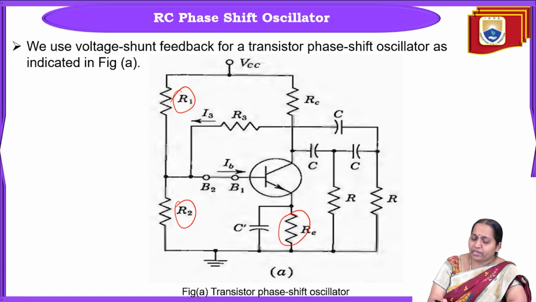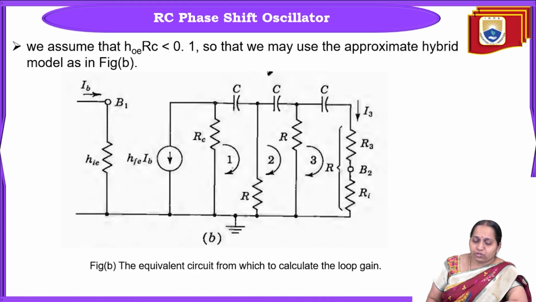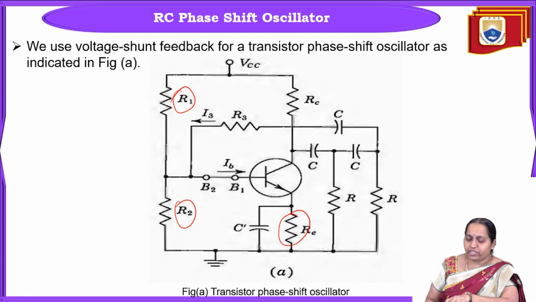We will assume that, and we'll also assume that hoe is far less. So we'll try to represent this circuit diagram using the approximate h parameter model. So basically this transistor I am trying to replace with the approximate h parameter model. So I'll just have hie and hoe on the output.